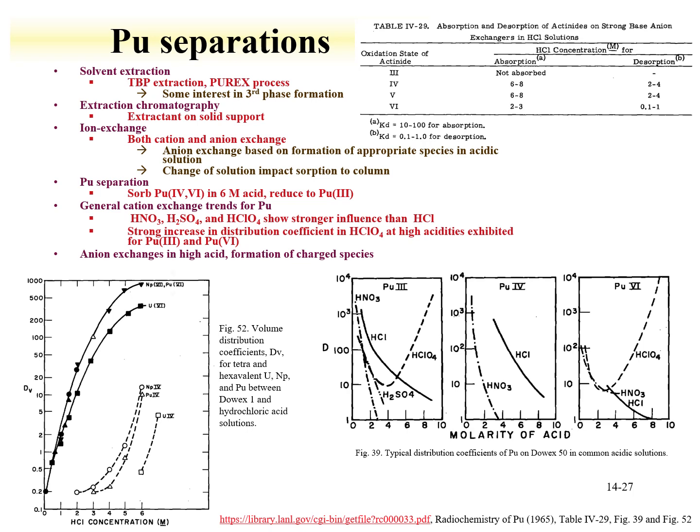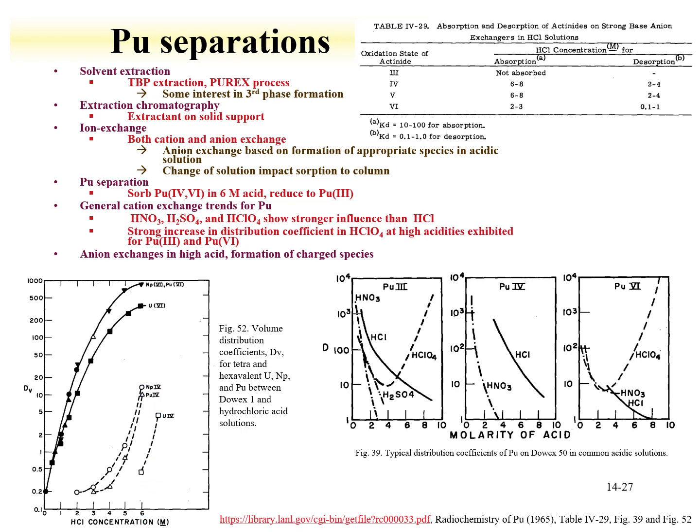Another example is shown here where we have some of the different plutonium oxidation states. The plutonium-6 sorption has very high properties on this Dowex resin, so this would be an anion exchange resin, whereas the 4 also has relatively good sorption properties, but less than the 6.